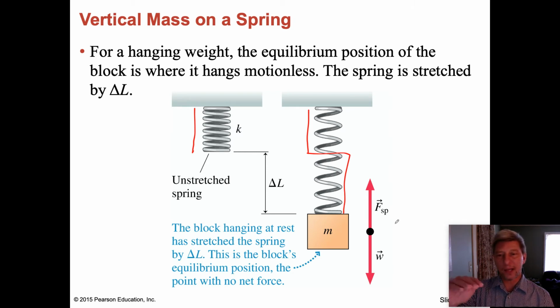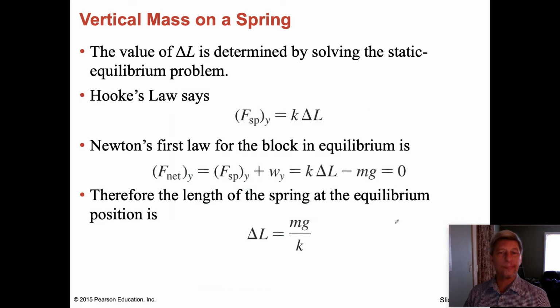If the block is stationary, that means that the force of the spring pulling upward is equal to the weight pulling downward. So, according to Hooke's law, the force of the spring is going to equal the spring constant times that change in the length of the spring. And we can rearrange this.